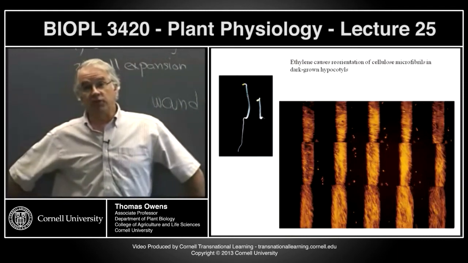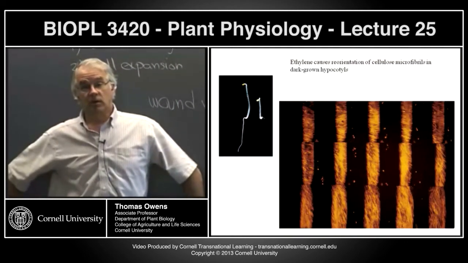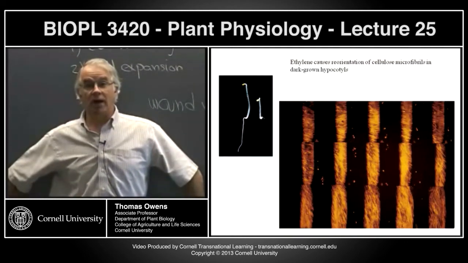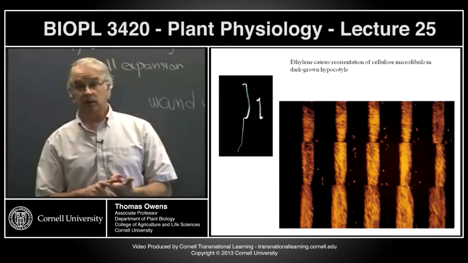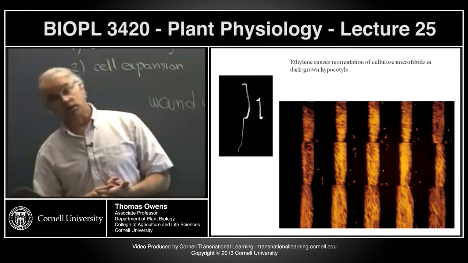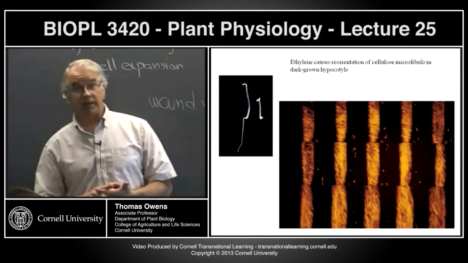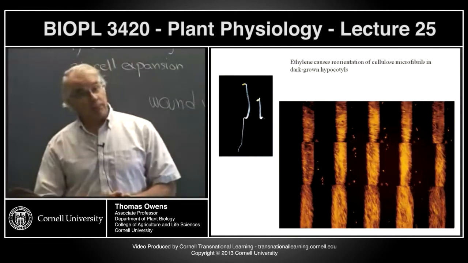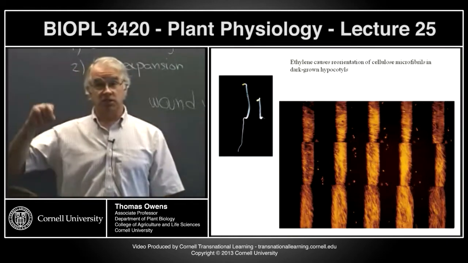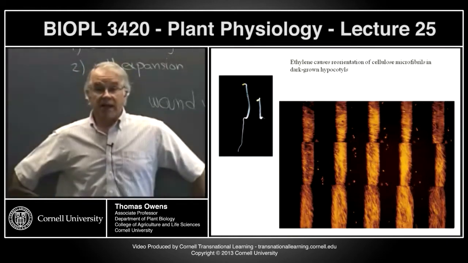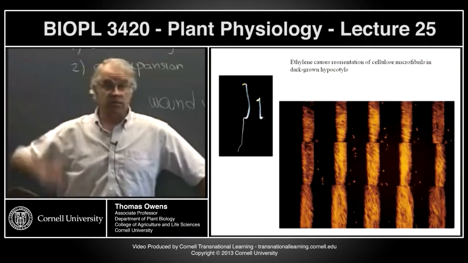So what would you have to do then if you wanted to? That's right. So if you knew what gene you wanted to alter, you could alter that gene by putting in antisense RNA. We also talked about microRNAs, right? And microRNAs can cause degradation of complementary messenger RNA. So there's a lot of different ways that you could knock out specific genes if you know that's the sequence of the gene you want to knock out.